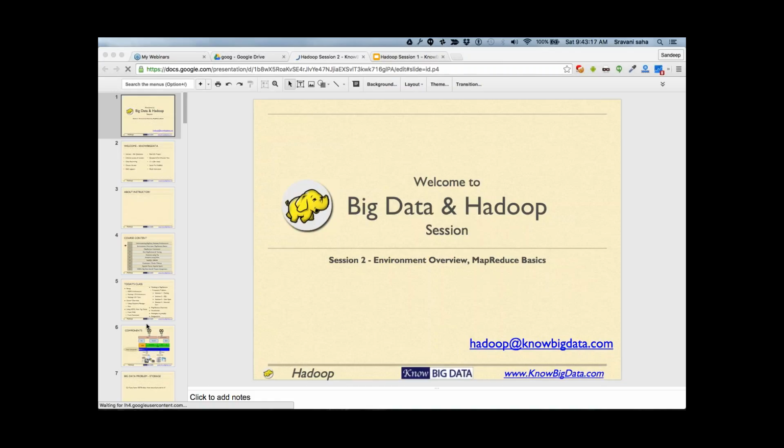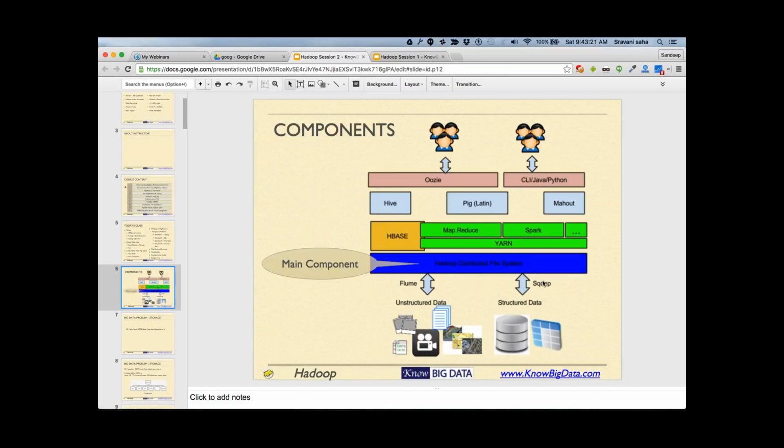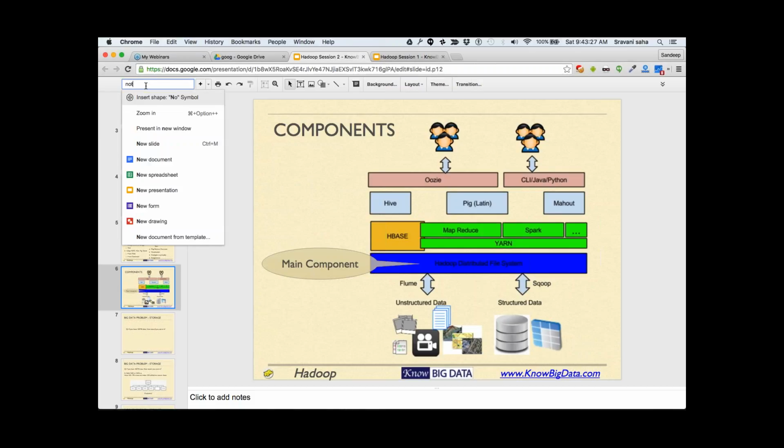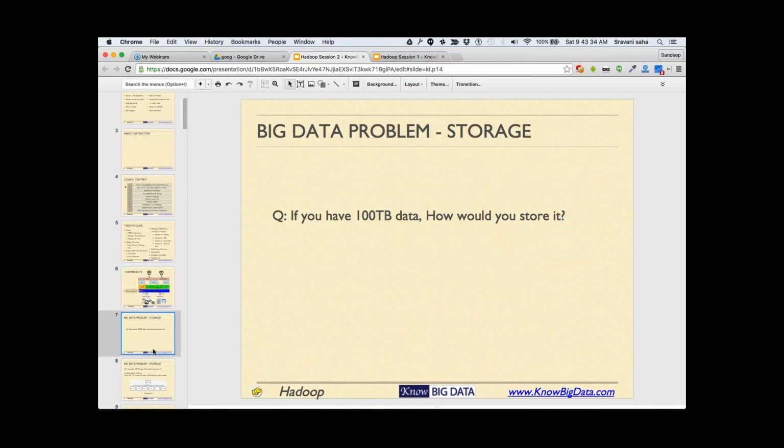All right. So HDFS is a component which stores the big data for us. Let me just cover it really fast so that I get some more time. If you have hundreds or thousands of terabytes of data, how would you store it?